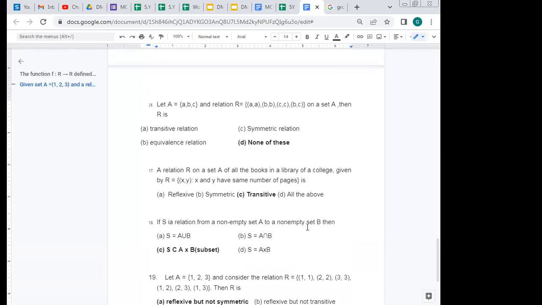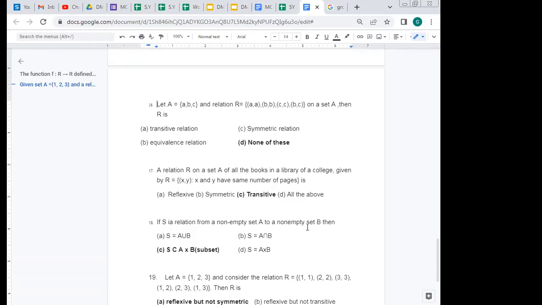Next is, let A equal to {a, b, c} and relation R equal to {(a,a),(b,b),(c,c),(b,c)} on a set A, then R is... It is reflexive, but that is not given in the options. Options like reflexive are not there.